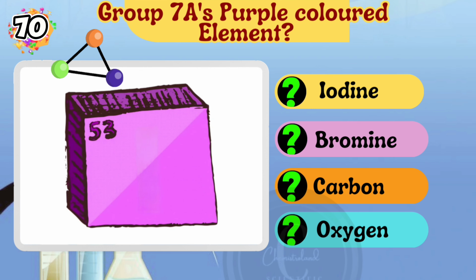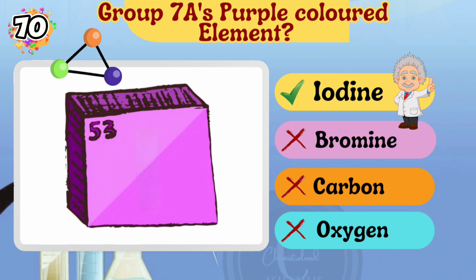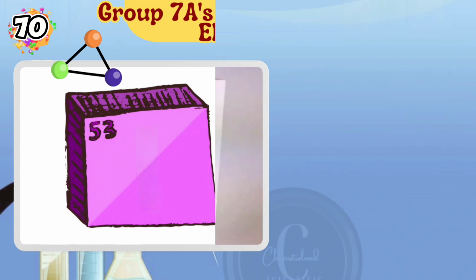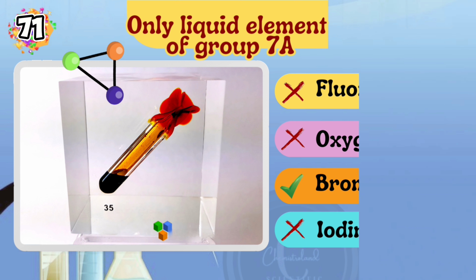Group 7A's purple-colored element is? Iodine is purple-colored element. Only liquid element of group 7A is bromine.